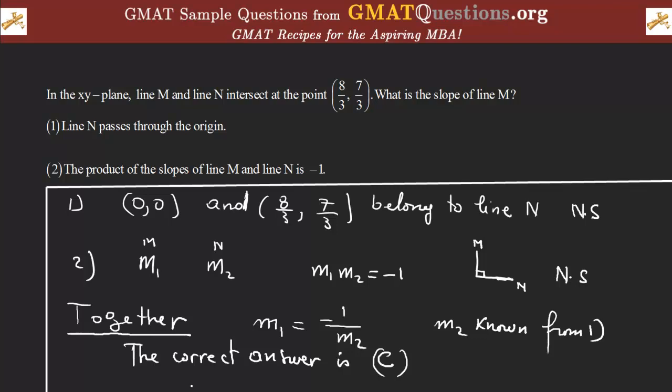The information we needed is either that we must be told that the two lines are perpendicular, which is what we had in number 2, or we could have been told that the two lines are parallel. If they were parallel, putting the two statements together would have been enough as well.